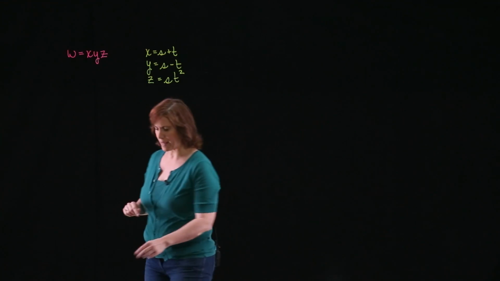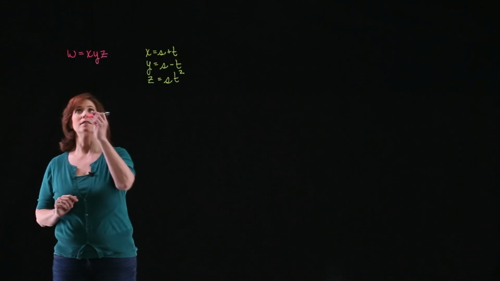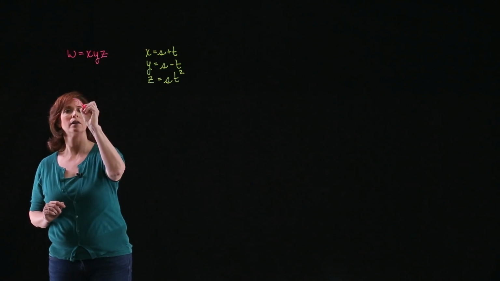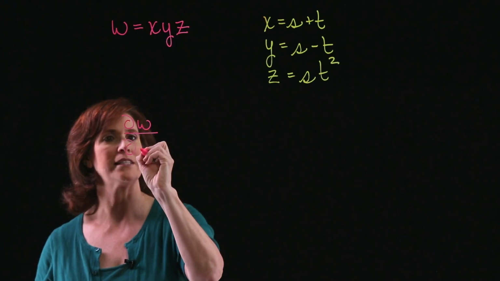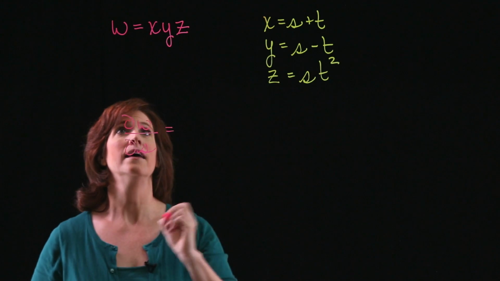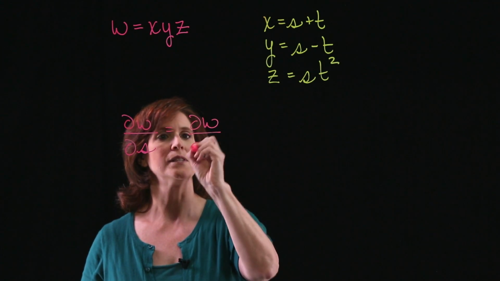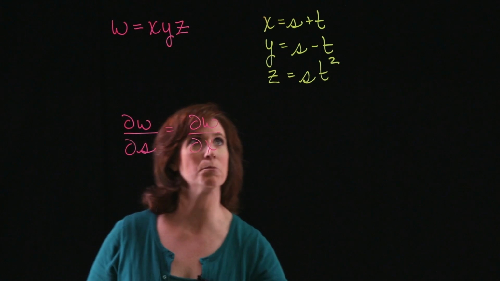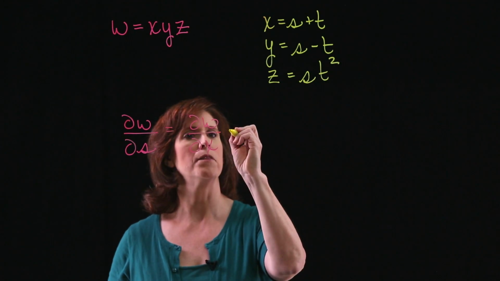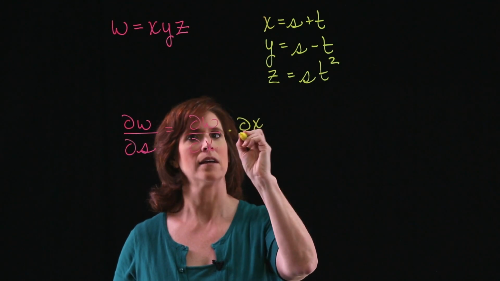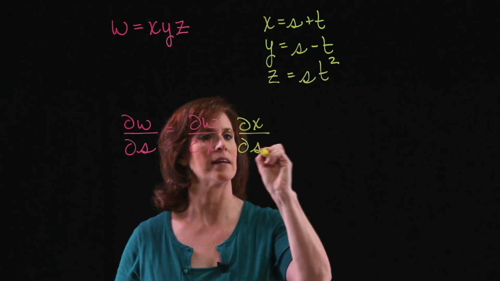All right, so let's begin by getting the partial of w with respect to s. I'm going to take the partial of w with respect to x and then multiply by the partial of x with respect to s.